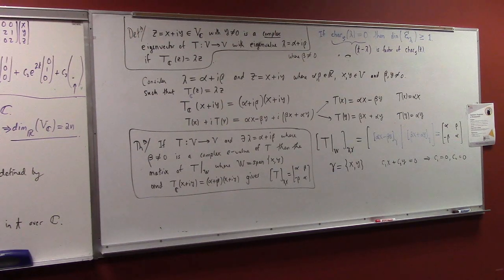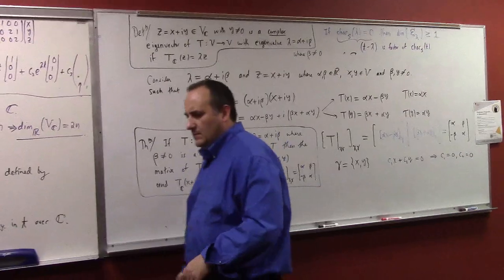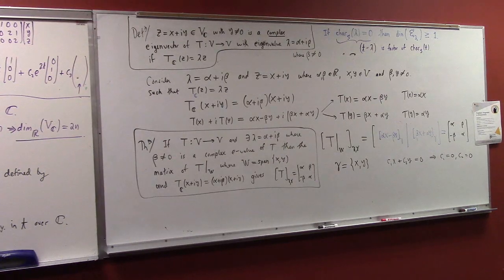I think if I try to prove it directly, I get stumped. Let me look at my notes. I have a proof of this. It is true nonetheless, but why is it true? A second here, I'll tell you where it is.